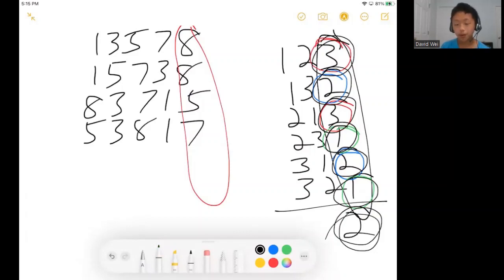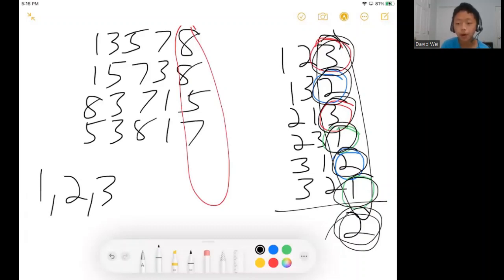Or alternatively, if you go back to this 5-digit scenario, you can notice that, as we saw in this 3-digit case, the numbers 1, 2, and 3 appear equally frequently. They all appeared exactly 2 times in each column. And that makes sense, right?